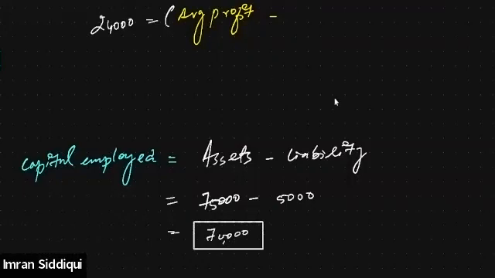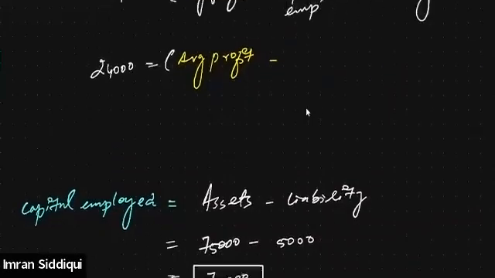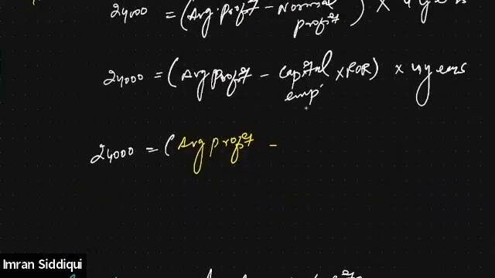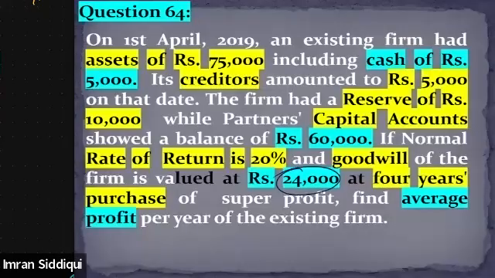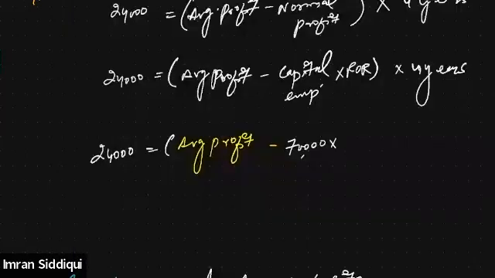Yes, sir, clear. Okay. Now we will take this value into our main working area and write down 70,000 in place of the capital employed, and then we will multiply this with the rate of return, which is already given in the question, 20%. You can see it in the sixth line, 20%.